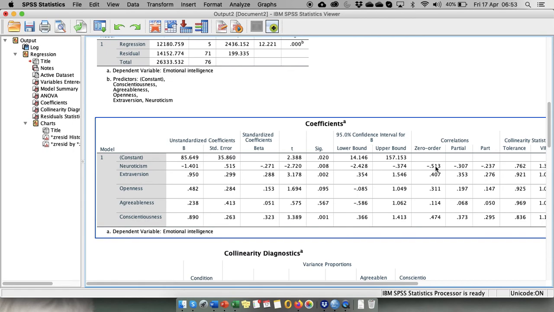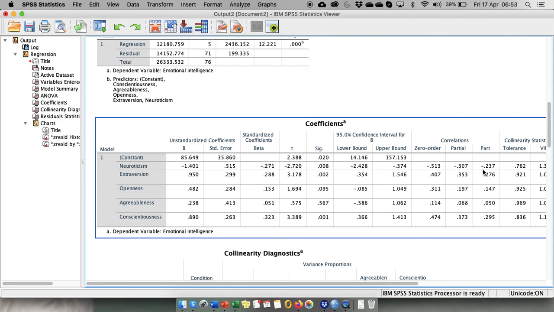All the correlations between neuroticism and other variables in the model, like neuroticism and extraversion, neuroticism and openness, neuroticism and agreeableness, become weaker and weaker. This is because all variables in the model correlate with each other. We hardly ever see, especially with large samples, absolutely no relationship between the variables.